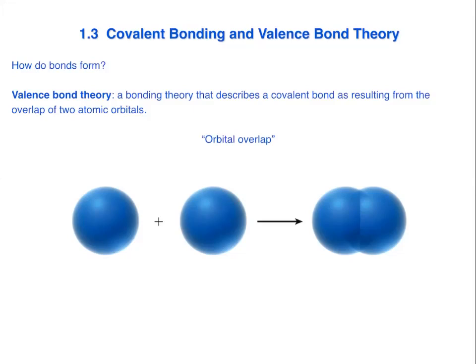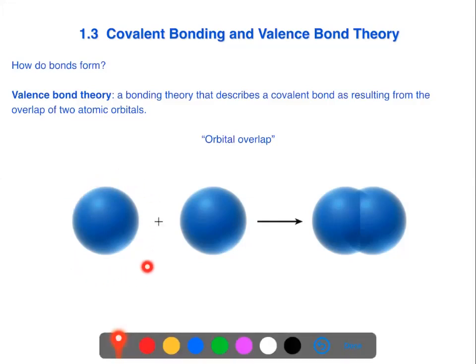In valence bond theory, it's a bonding theory that describes a covalent bond as resulting from the overlap of two atomic orbitals. You can see in this image here, we have two atomic orbitals. We have an s orbital and a second s orbital, and we could imagine these representing two individual hydrogen atoms.